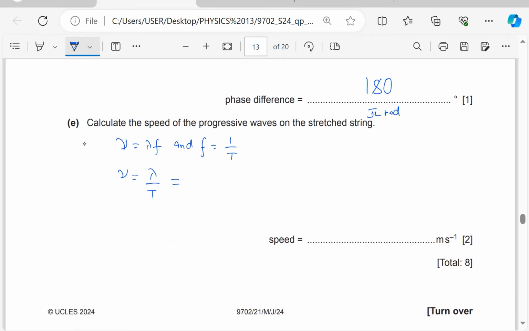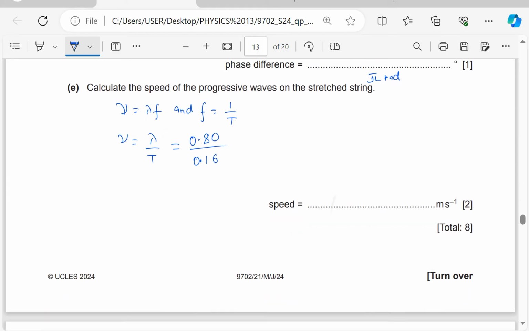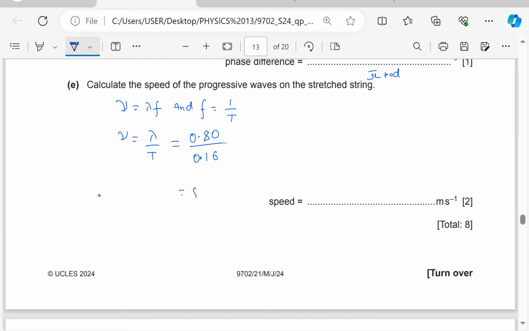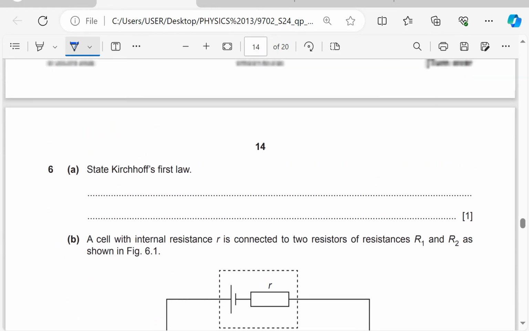Then the period is given as 0.16 seconds. So I'll just divide 0.8 by 0.16. This gives 5.0, or simply 5 because it's exact, meters per second.